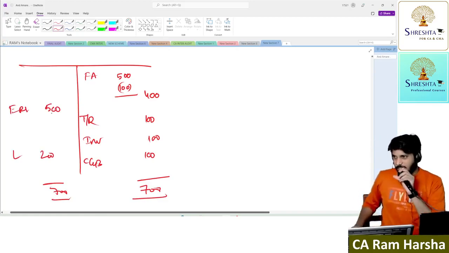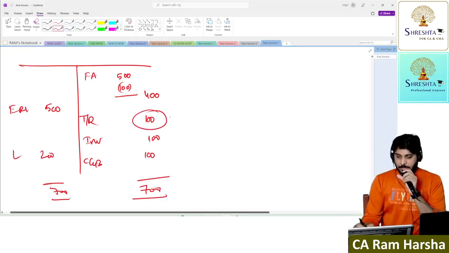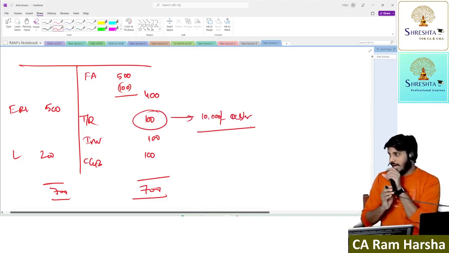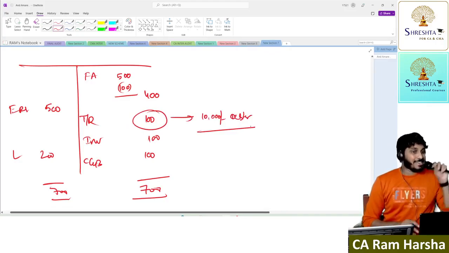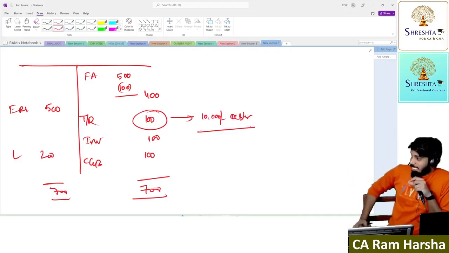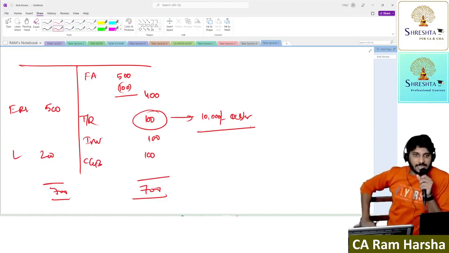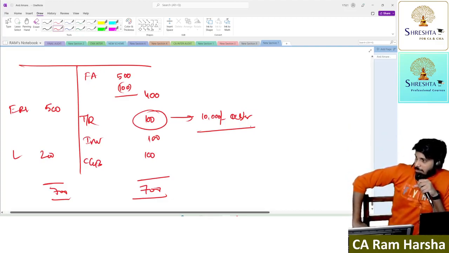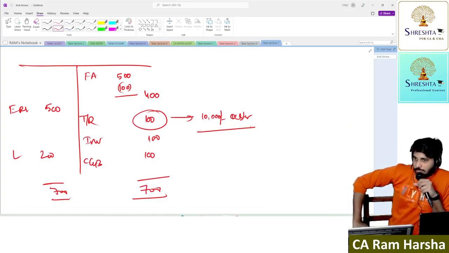In this balance sheet, in trade receivables, there is some 10,000 rupees worth of debtor. I sent him an external confirmation, but I didn't get a reply. He didn't confirm. Now tell me, do I have evidence or not?